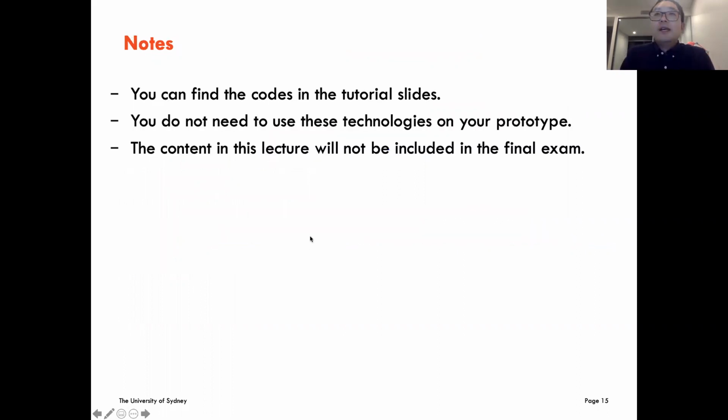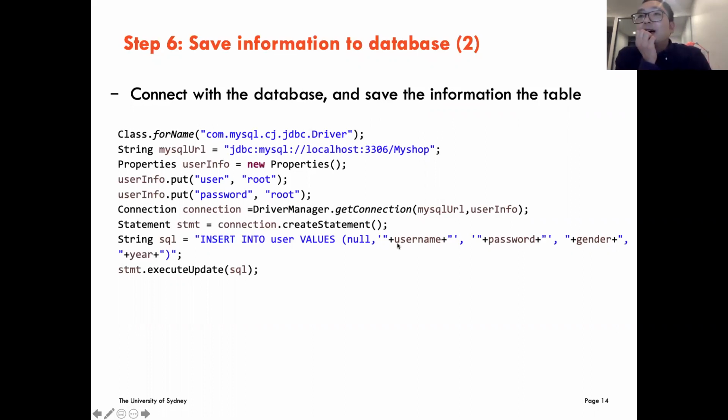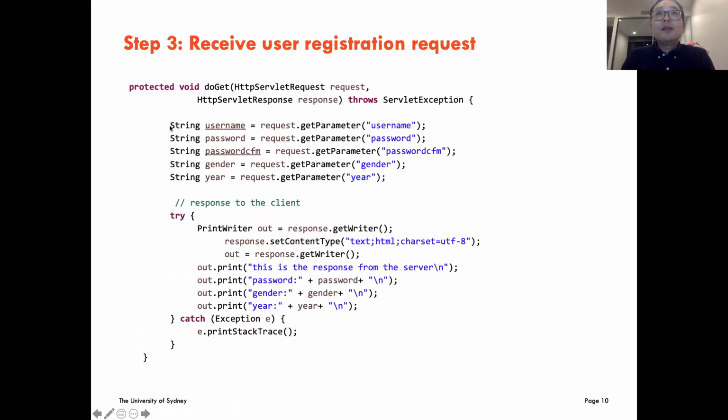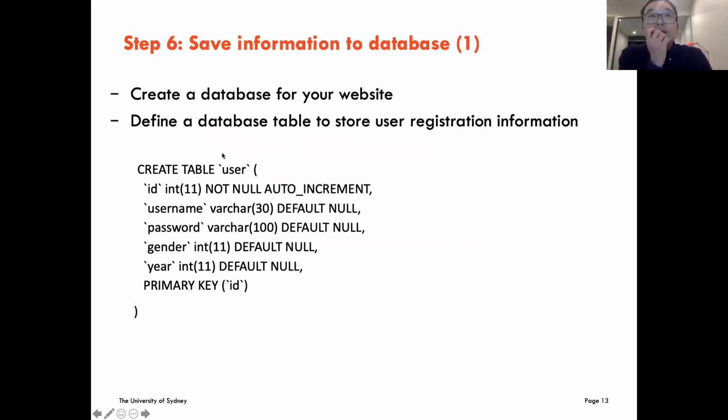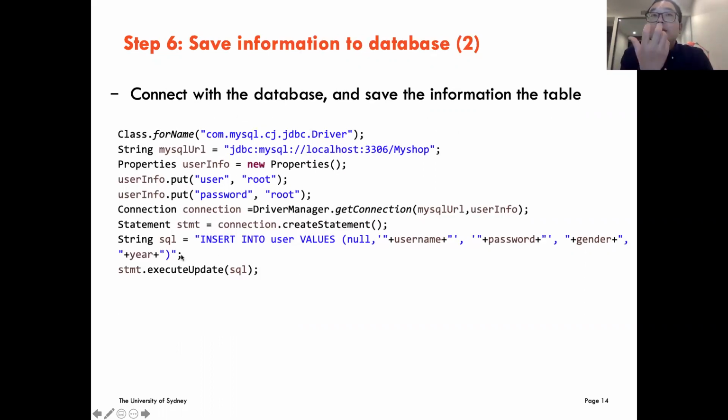The values are the username, the password, the gender, and the year I got previously. Remember that in this piece of code, we already got those values, and now I'm going to insert these values into that table. So let's go back. You can imagine that this piece of code allows you to insert that information into the database.